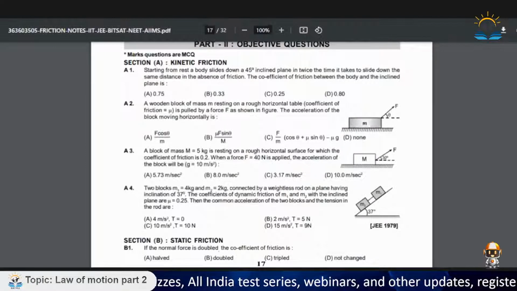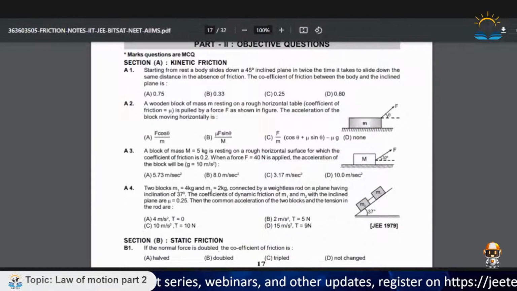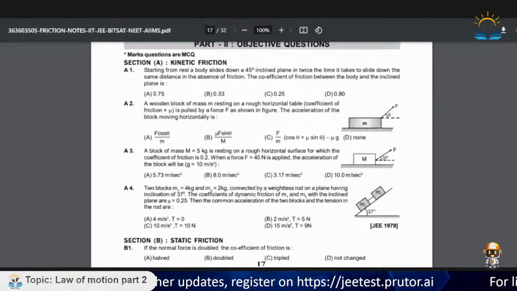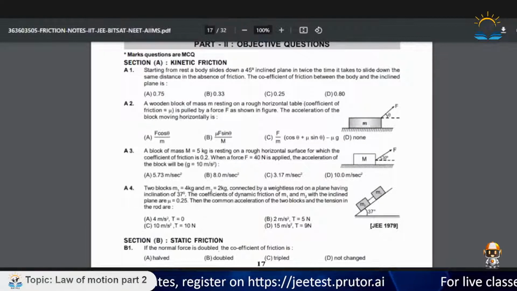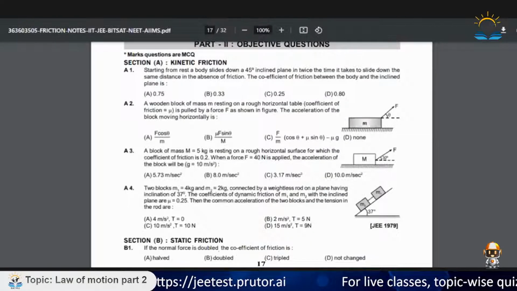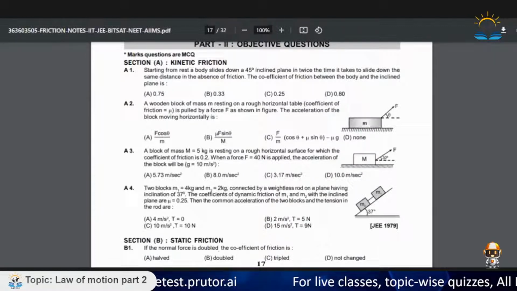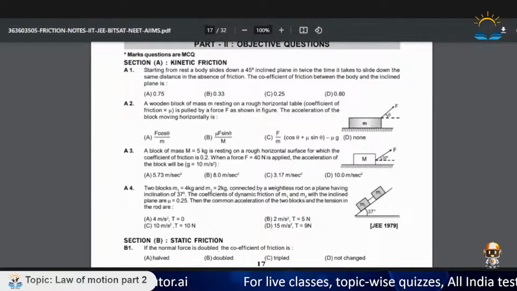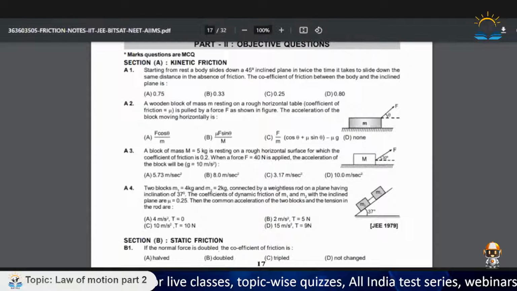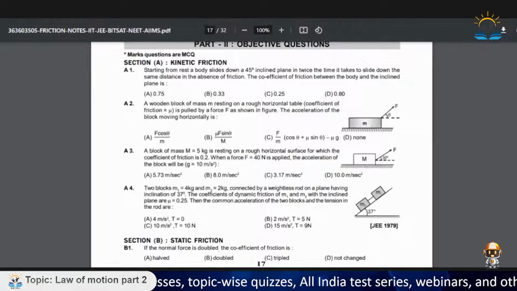Second case is when there is friction. At that time acceleration would be g by root 2 minus f by m, where f is the frictional force. So at that time 2t becomes 2 root 2 m divided by gm minus f.